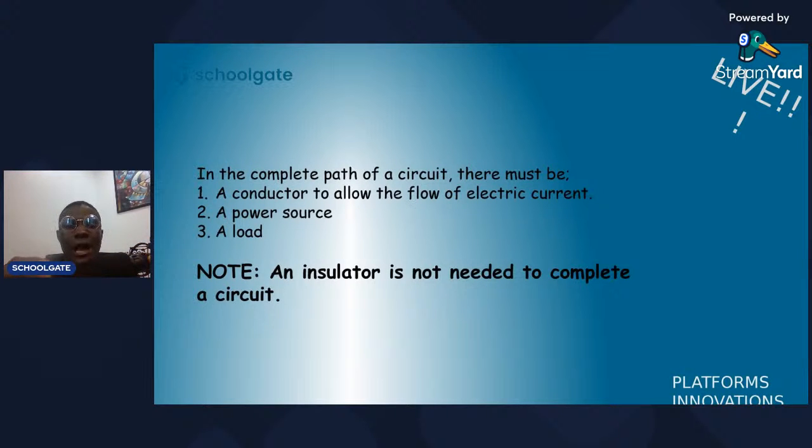So now we have the three requirements to complete a circuit. We have a load, we have a conductor, and we have a power source, which is our battery.